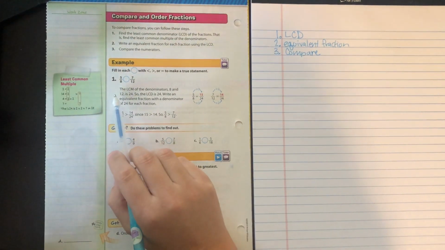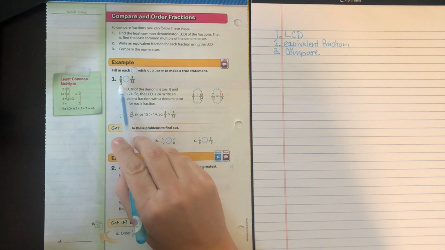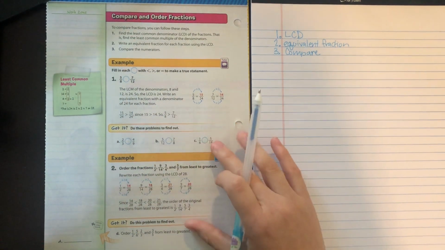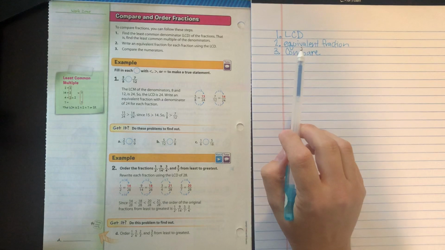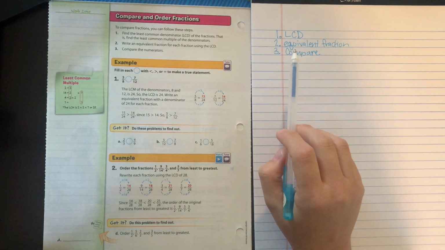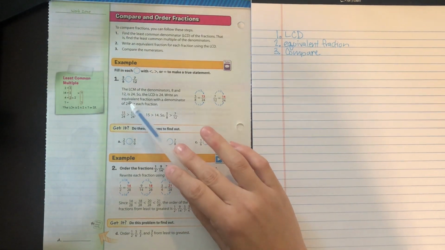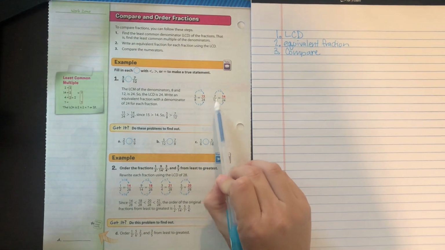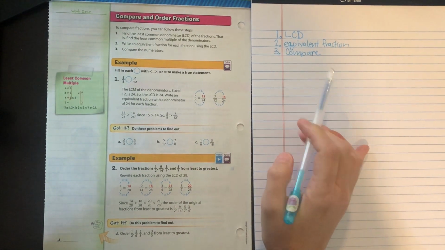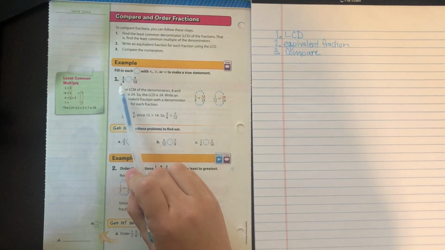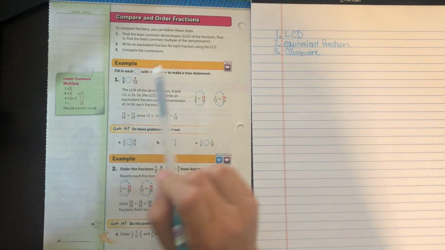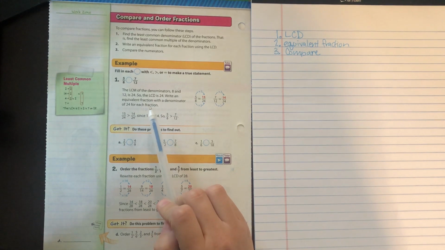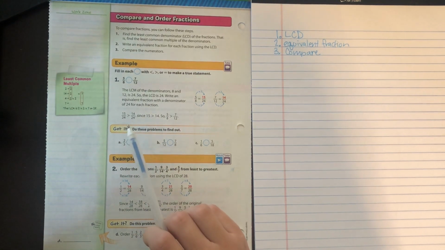So if we look at our first example, number 1, we have 5/8 compared to 7/12. The least common multiple of the denominators, or the least common denominator, is 24. All right, 8 times 3 gives us 24, and 12 times 2 gives us 24. So we'll rewrite each of these fractions, 5/8 and 7/12, as a fraction with a denominator of 24.